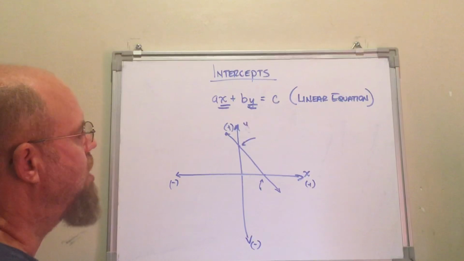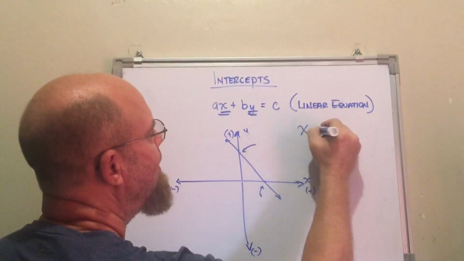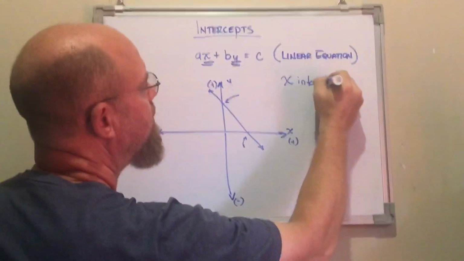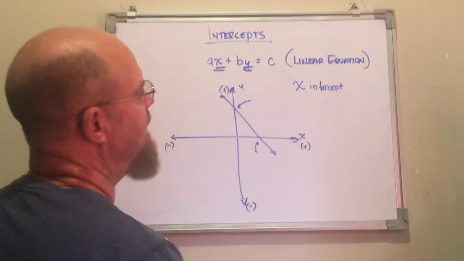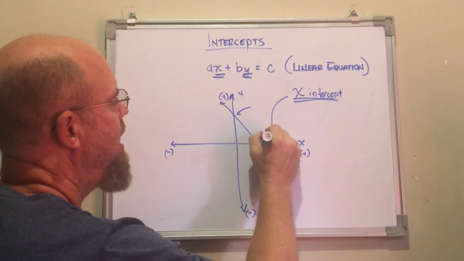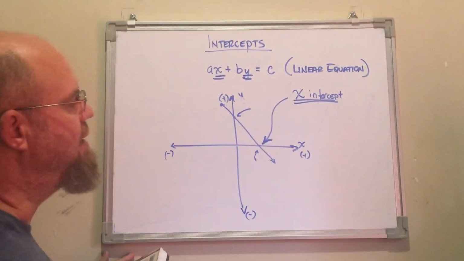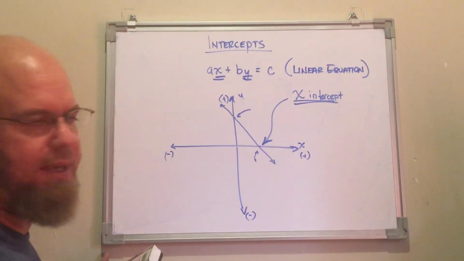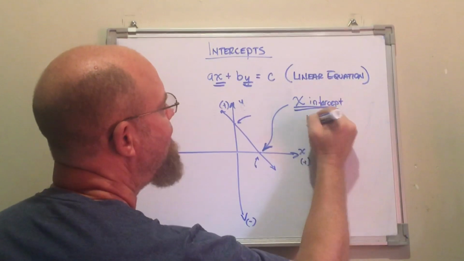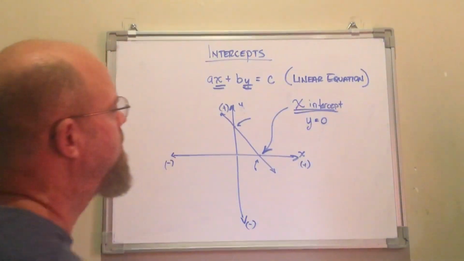The x-intercept is where the line crosses the x-axis, and at the x-intercept, the y value will equal 0.